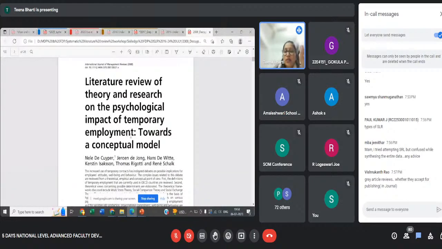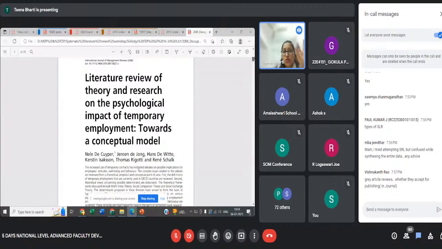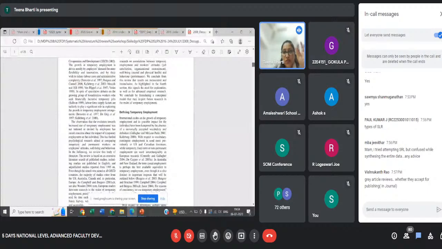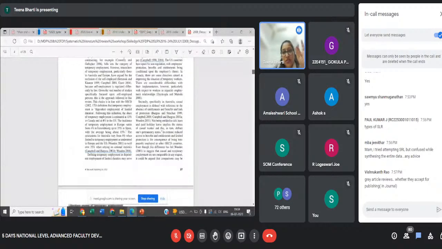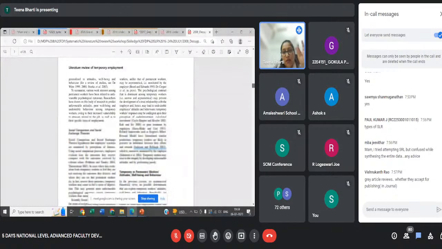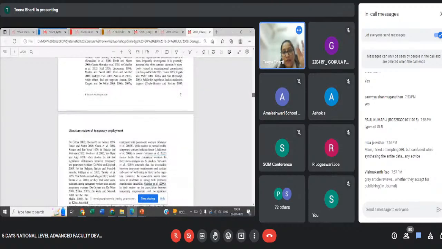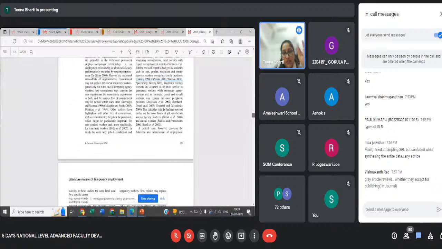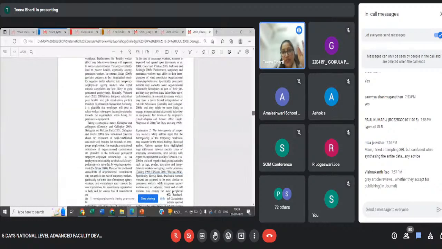Now, this is one literature review which only talks about theoretical aspects, meaning theoretical background only. The temporary employment article talks about the theories that have been published in this particular area. So this is a theoretical systematic review.